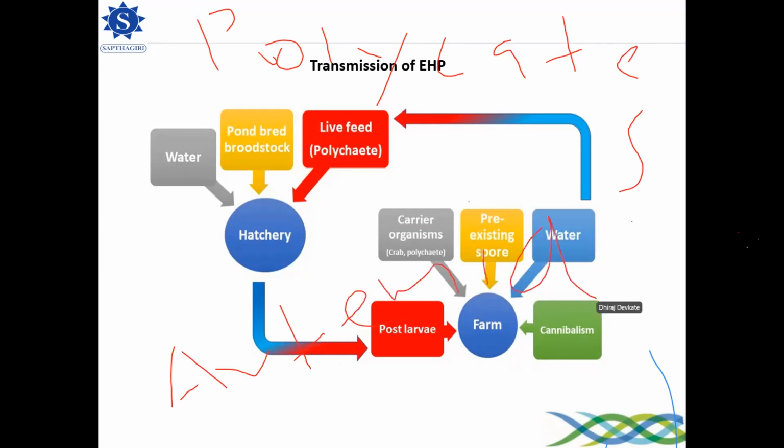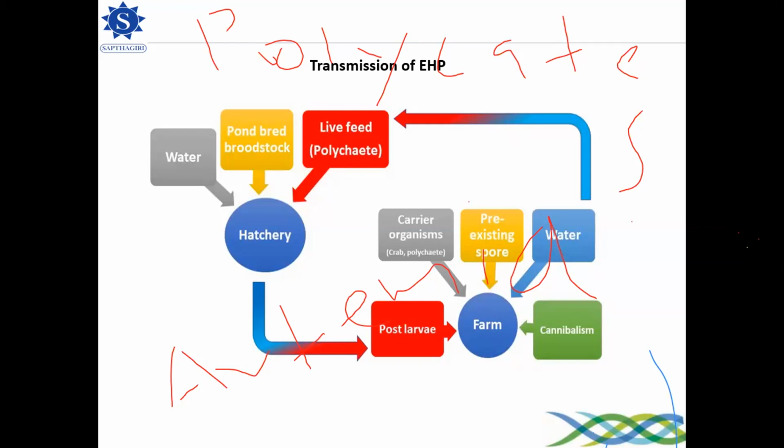Water contamination is very important in hatcheries also, because all the hatcheries are on the coastal lines, so there is a chance of contamination with EHP spores from the source water. Then the broodstock quality. Sometimes pond bred broodstock, or earlier in quarantine facilities, EHP was not screened, as it was not mandatory. So there is a chance of contamination from that area also.